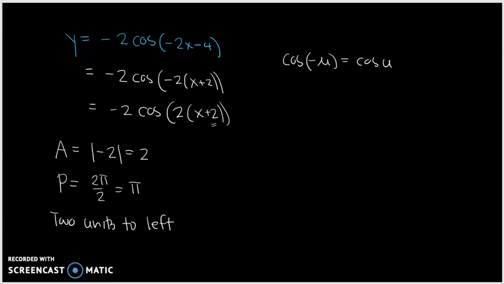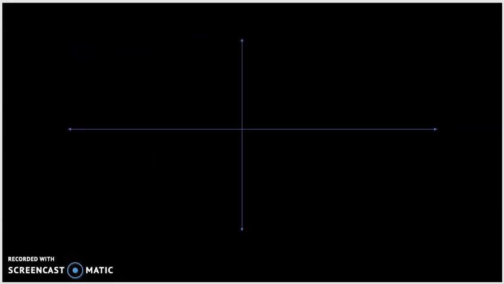Now, let's graph the whole thing. This may be a little messy, but I'll try my best. I start out with the parent function, y equals cosine x. At 0, it's 1.